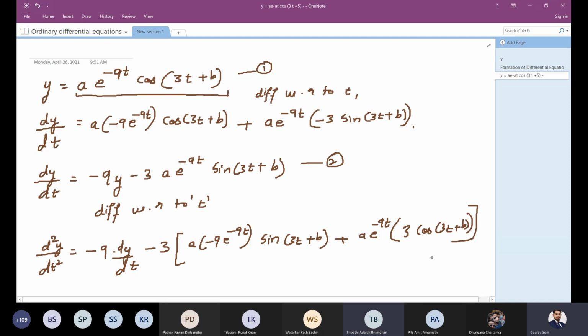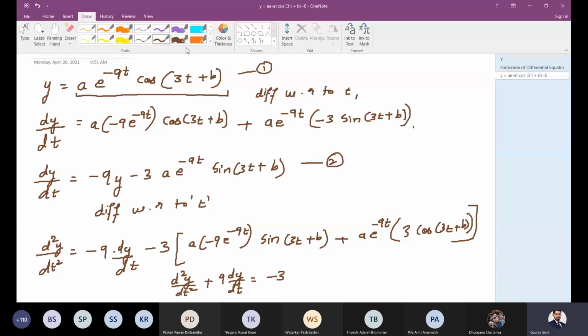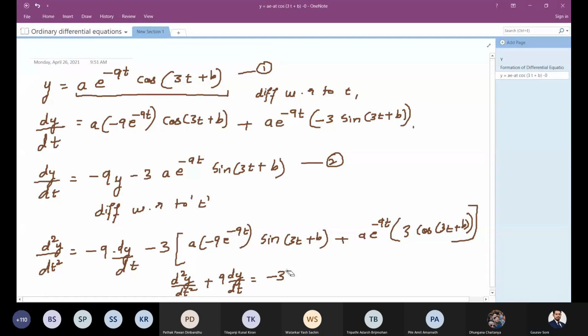So from the second, d2y by dt square plus 9 dy by dt is equal to minus 3 into minus 9, so totally that will become plus 27 actually.